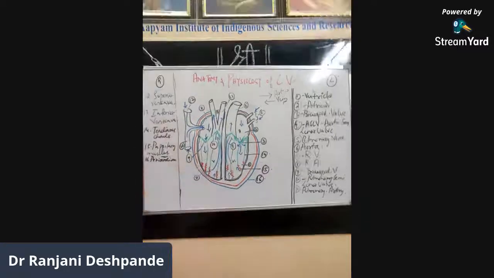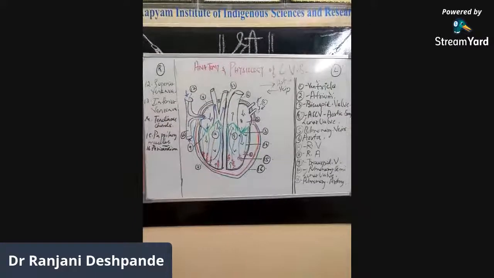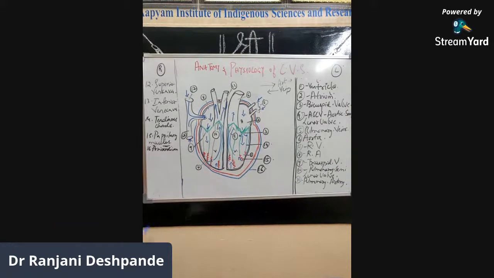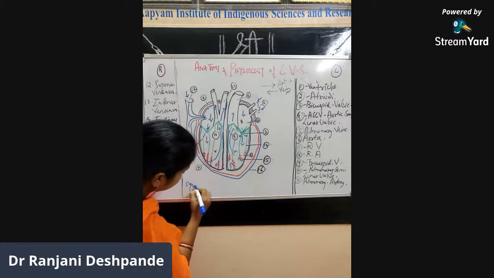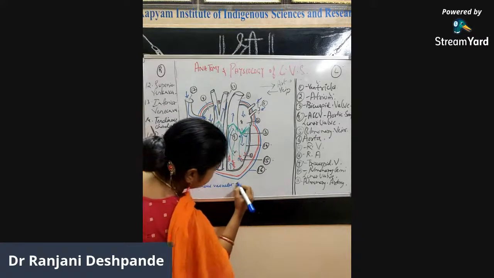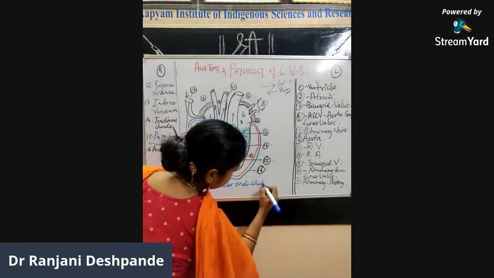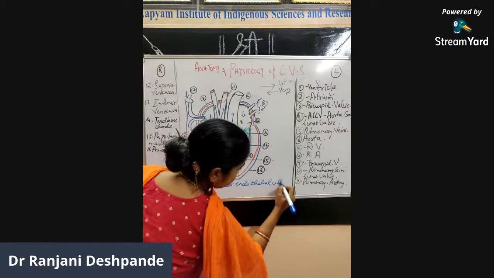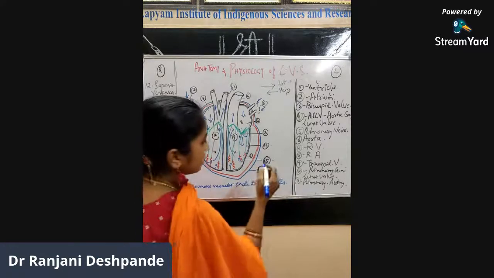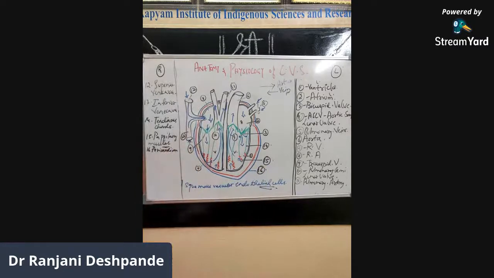This inner layer is a very thin, very smooth layer, and it is a layer of squamous vascular endothelial cells. We will name it 17.